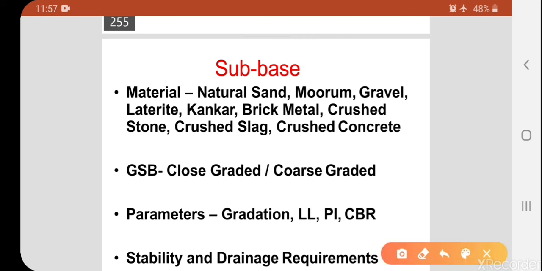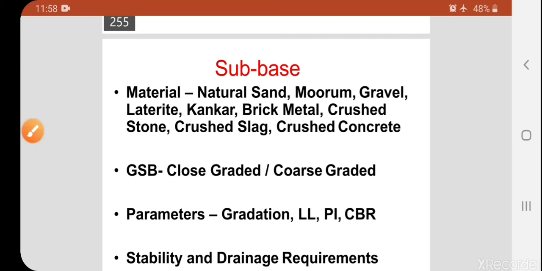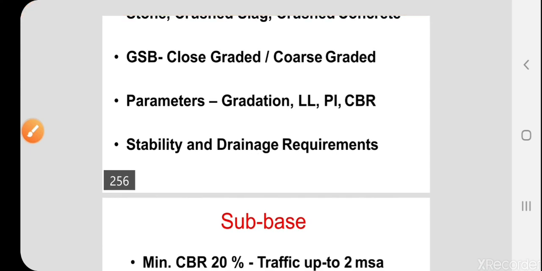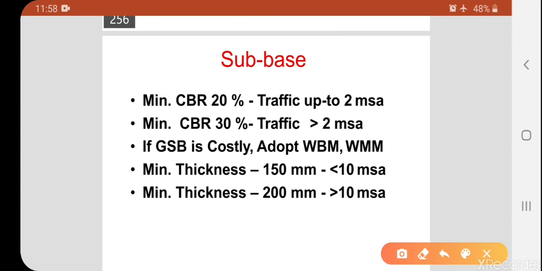Next, GSB: close graded or coarse graded, parameters are gradation, liquid limit, plastic limit, CBR, stability and drainage requirements. Sub base minimum CBR is 20% for traffic up to 2 MSA, and minimum CBR 30% for traffic more than 3 MSA. If GSB is costly, adopt WBM, water bound macadam.